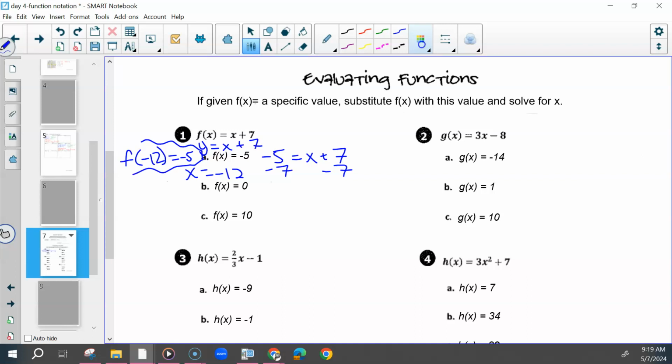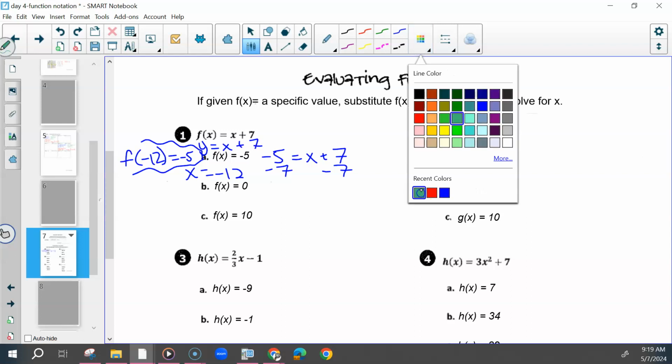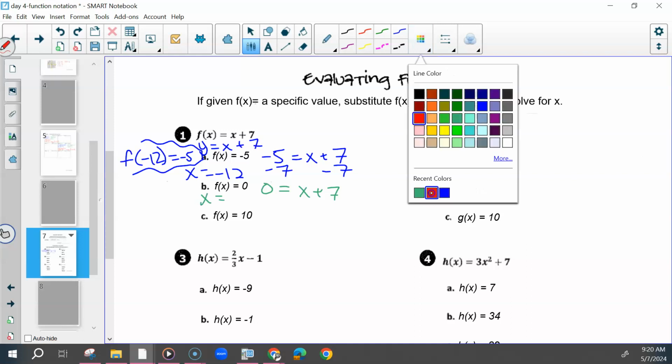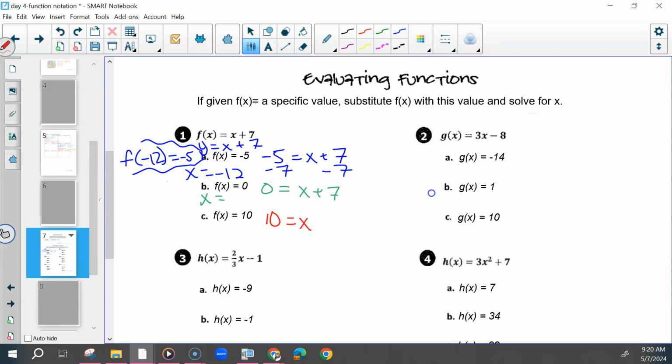So I'm going to set up the rest of them. We already changed the y, so I'm not going to do that. But this would be 0 equals x plus 7. And 10 equals x plus 7.